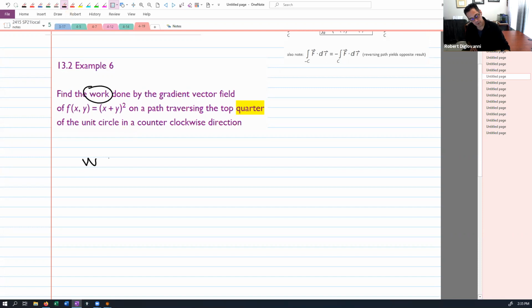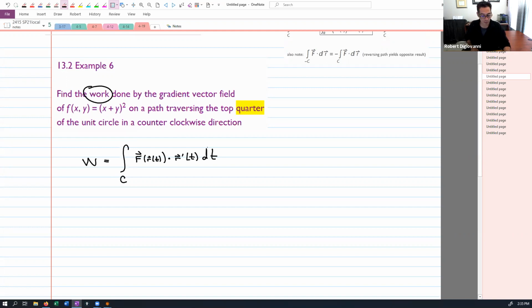Work is equal to the integral over C of F evaluated on some curve, dotted with the derivative of that curve, dt. That's what you have to have burned in now. You're going to have formula sheets, but that's the most important formula for work.